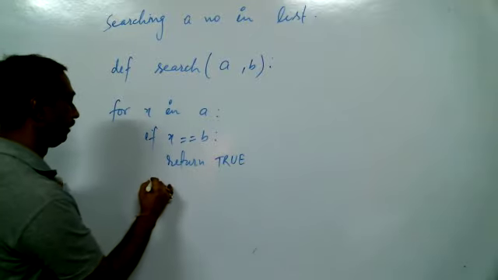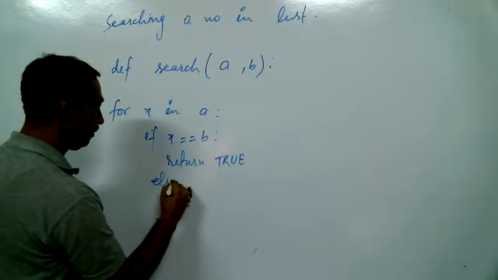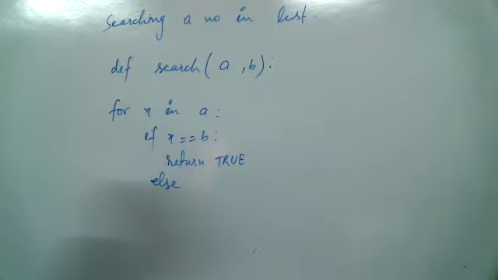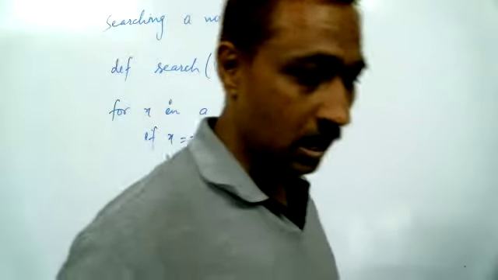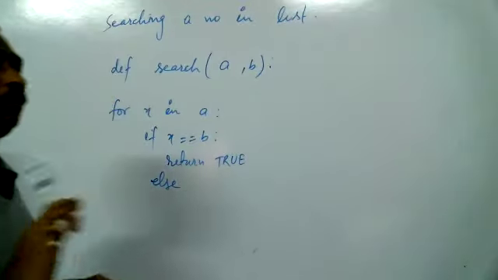Else we cannot write, because there may be a chance that in the first and second chance we do not get the number, and in the third chance we get that number.